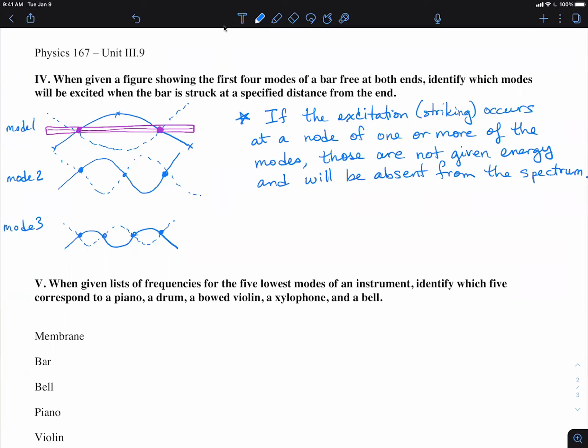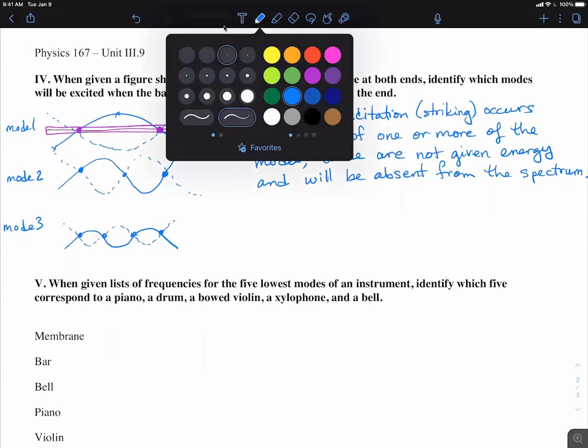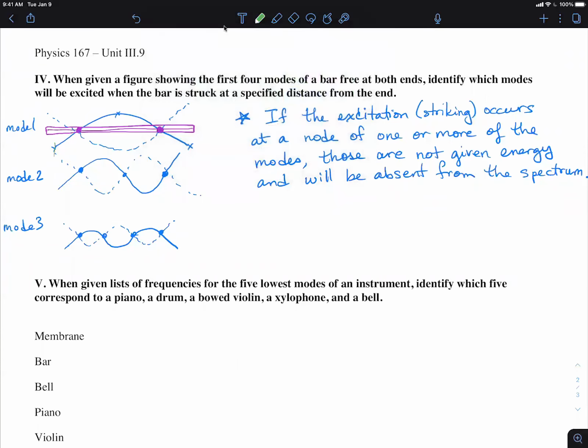Okay. So now if I label a couple of points on here, I'm going to put in some green dots, green lines. These are just to mark the same position on each of these bars. They're not evenly spaced. They're just representing different points.